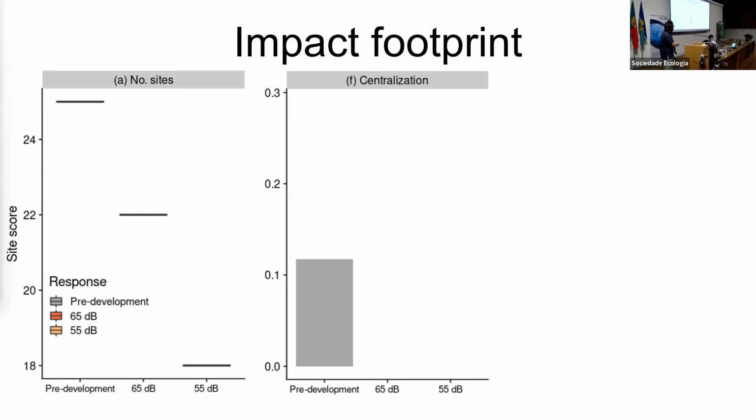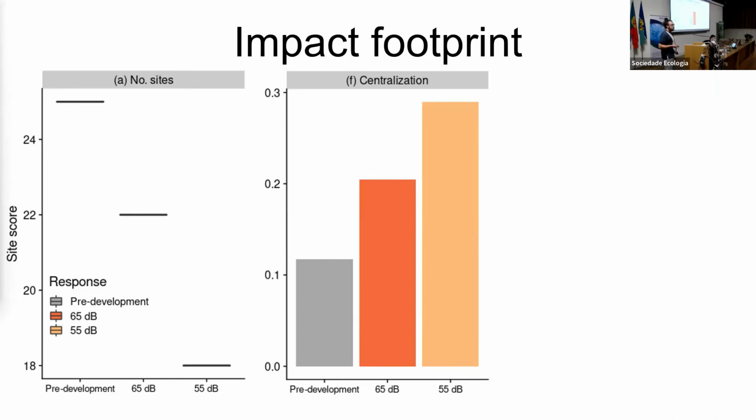And the current network that is used is quite widely distributed. It's not very centralized. When we start knocking out some sites, at 65 decibel sites, it basically doubles and then triples at the 55 decibel level.